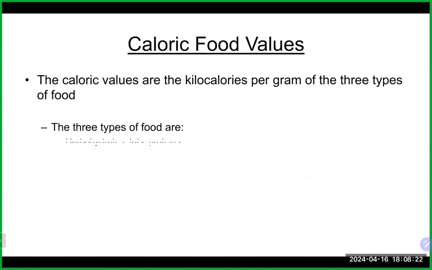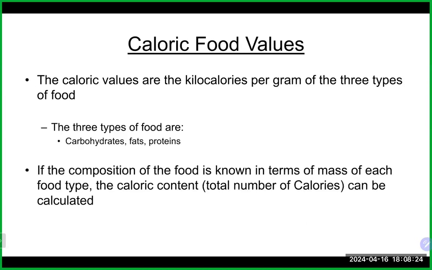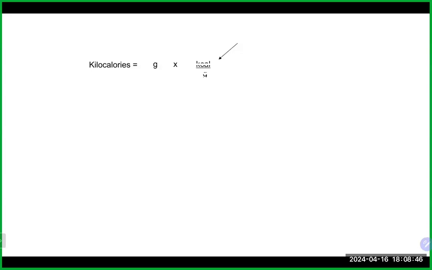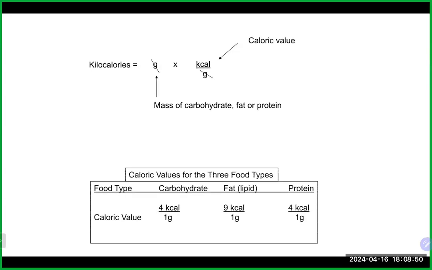Now, when you look at food labels, there are really three types of food that we are often interested in: carbohydrates, fat, and protein. On any nutritional label on food in a package, you will typically see those three things listed, and how many grams there are of each. Each of these has what is referred to as a caloric value, and you take the grams of each times the caloric value.